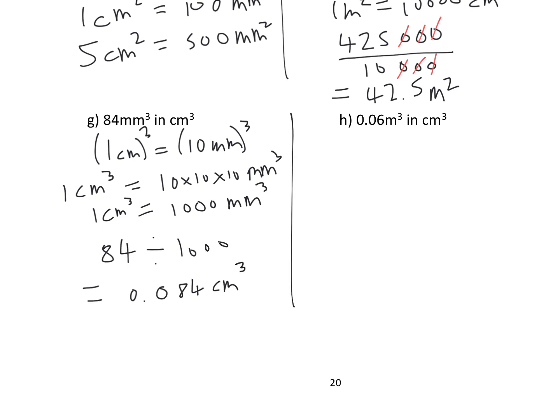On part H, we've got metres cubed and centimetres cubed. What do we know about metres and centimetres? We know that 1 metre is 100 centimetres. So we cube that.